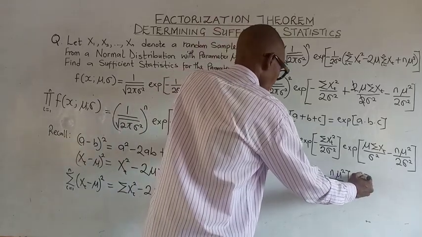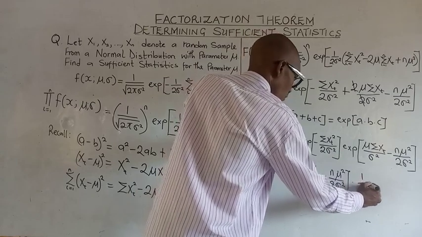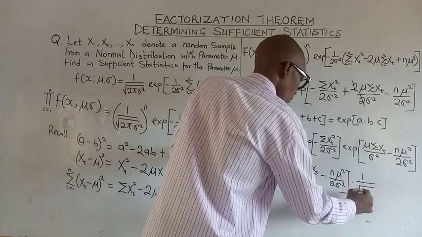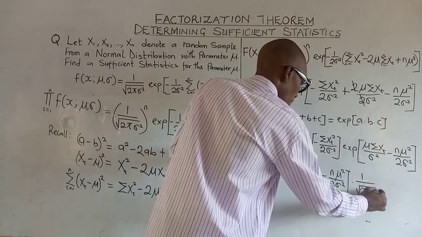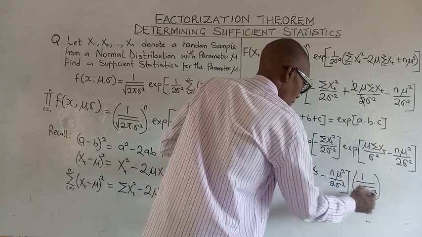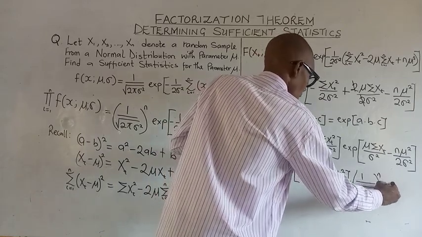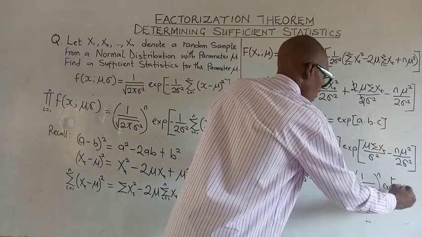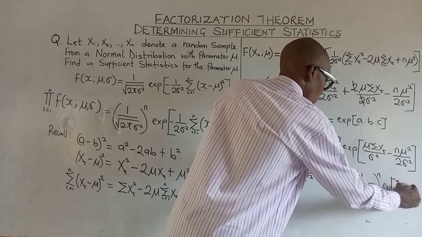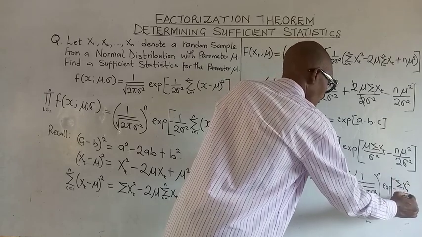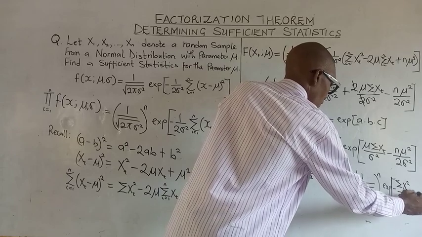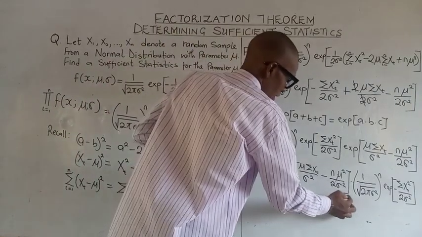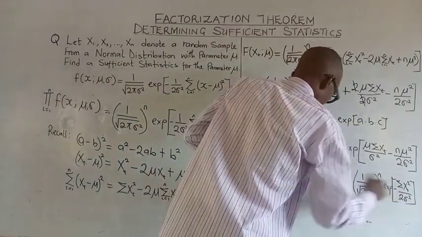We also bring this here: 1 all over square root of 2 pi sigma squared to the n, exponential of summation of x_i squared all over 2 sigma squared. As simple as ABCD. This is now our first component, while this is the second component.